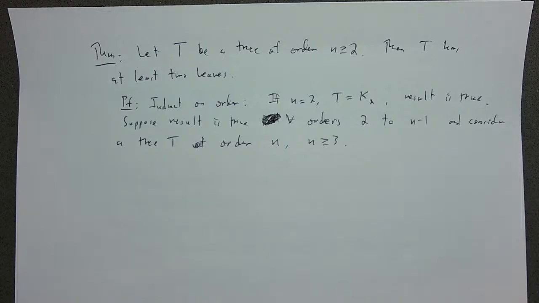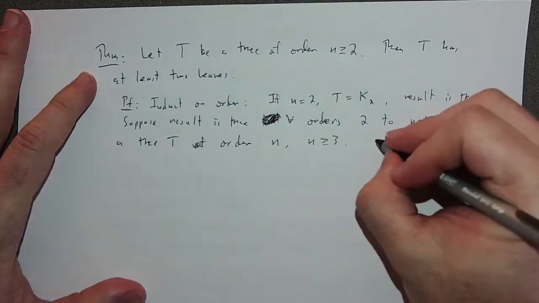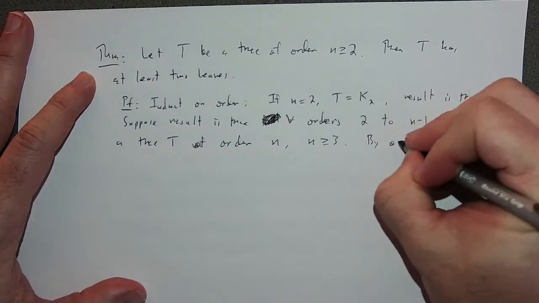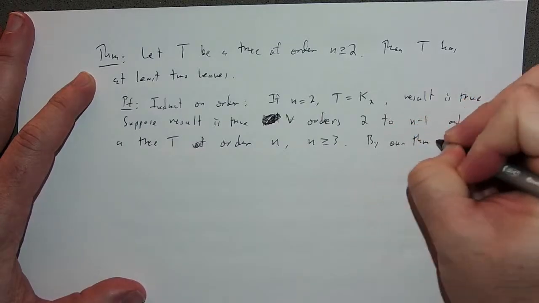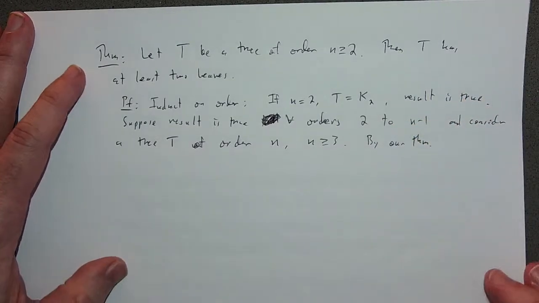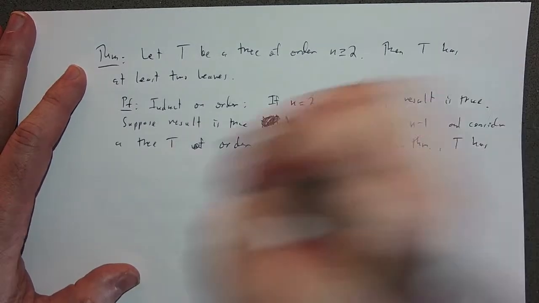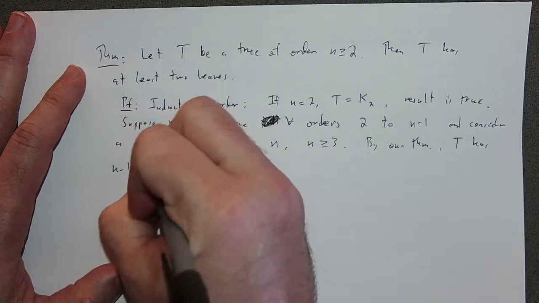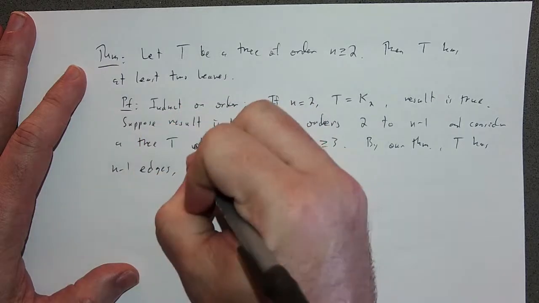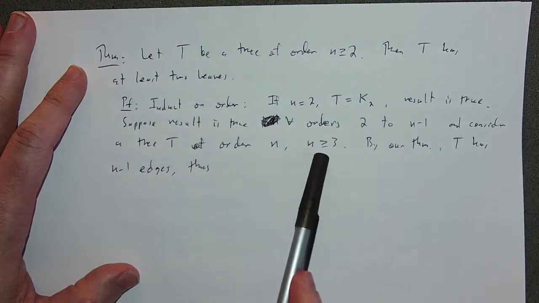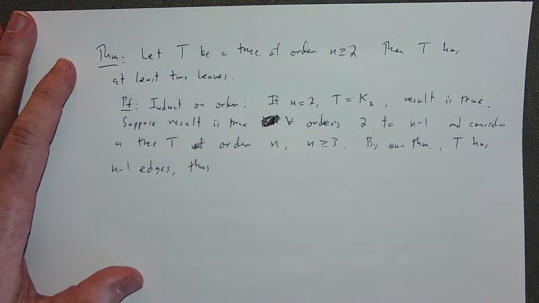Okay. By our main theorem on trees, T has n minus 1 edges. Thus, since n is greater than or equal to 3, it has at least 2 edges.